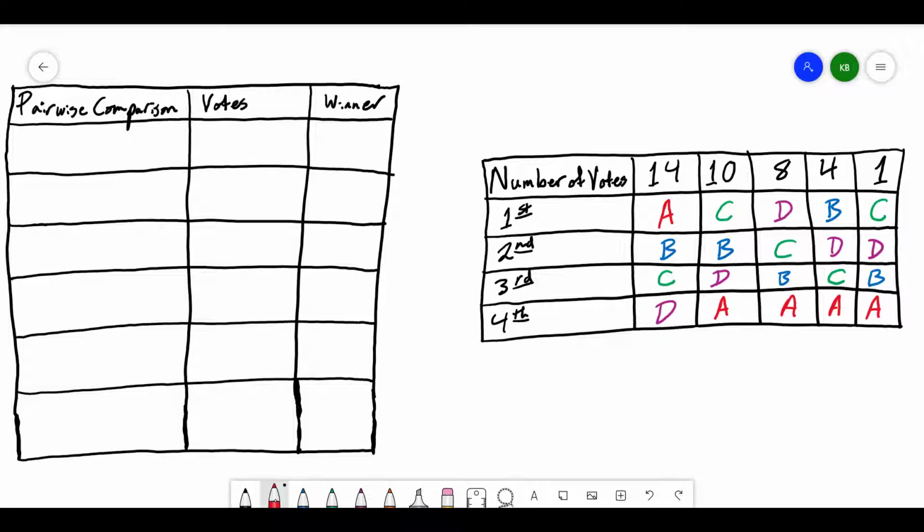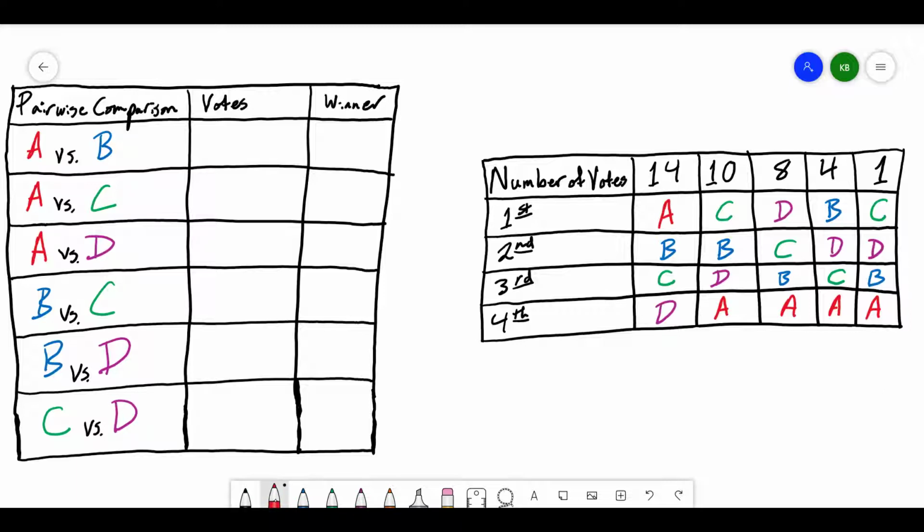So A is going to get paired up with B, A with C, A with D, and that's all the pairings that involve A. Then B will get paired up with C, B will get paired up with D, and now B has been in all of the pairwise comparisons possible with it. Finally, the last one I can do is C versus D.